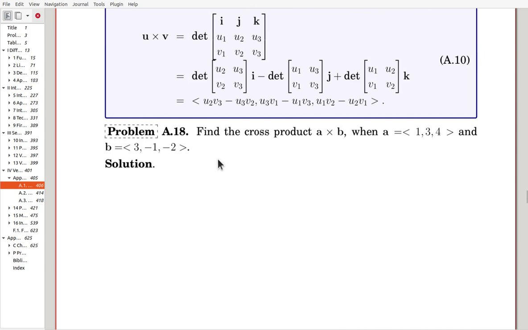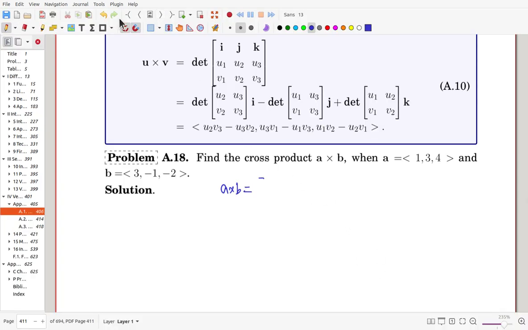Now, A cross B is the same as the determinant of the matrix with rows i, j, k, then A vector 1, 3, 4, and B vector 3, -1, -2.